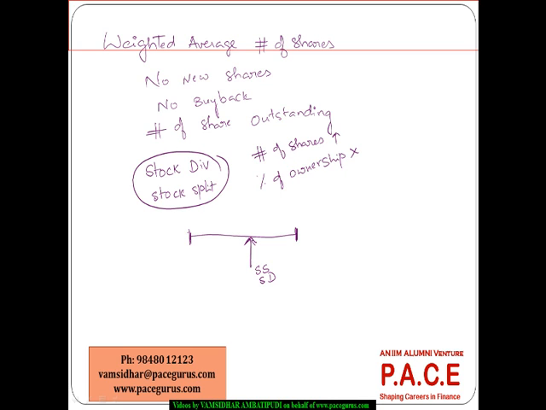Whatever share-related transactions have happened before it, adjust them for the stock split or stock dividend. And whatever events have happened after that, do not adjust. So that's the first step.